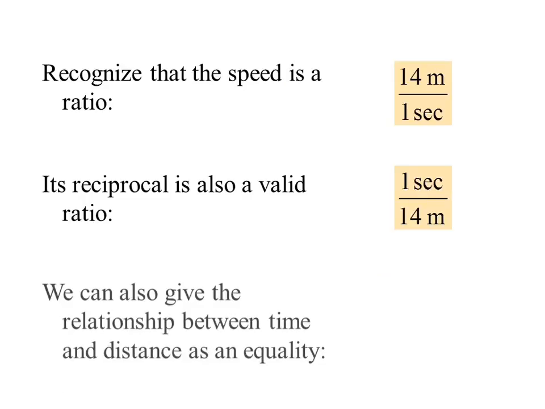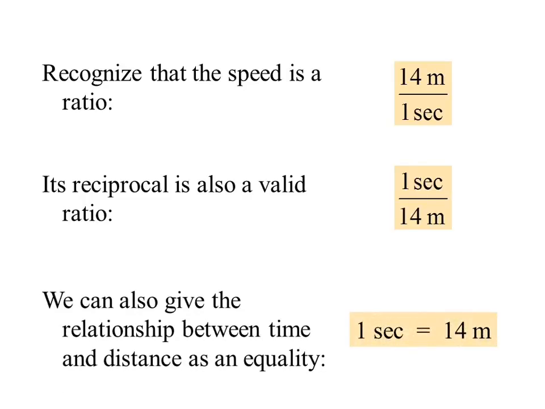This is your reminder slide that anytime you have a per sort of thing, you can go with it just as it is, 14 meters per 1 second. You can flatten it out: 14 meters for this bird is equal to 1 second, which is very fast. Or you can say in 1 second it flies 14 meters. It's all the same thing, however you need to use it.